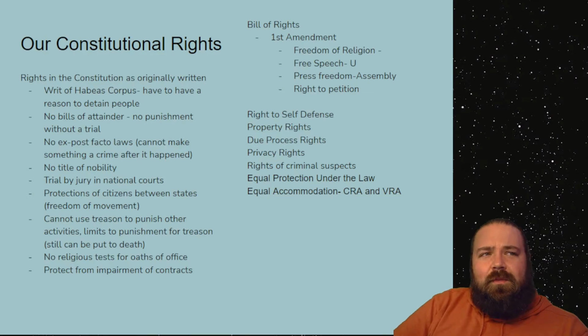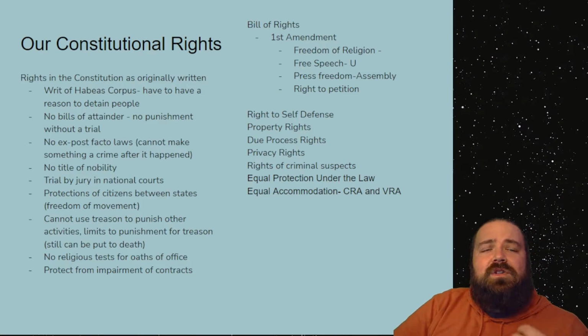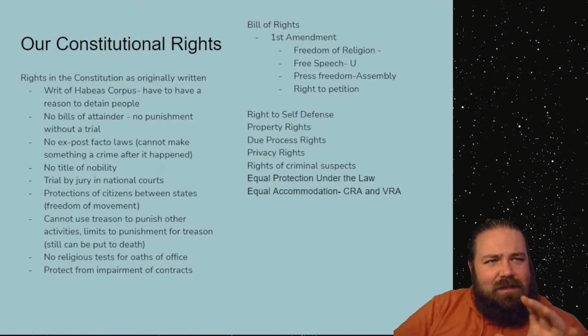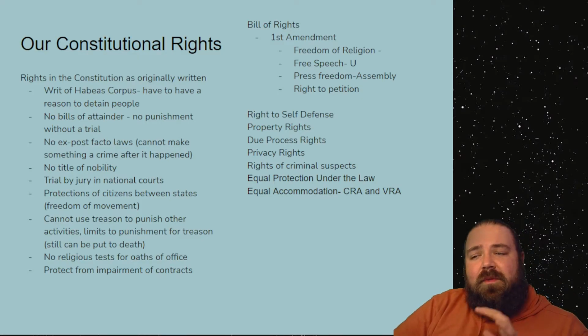So let's talk about the rights that are actually given to us from the Constitution. The Constitution, in large part, creates a good bit of rights for us. In fact, I like to think of this as the rights that exist in the original version of the Constitution versus the rights that came from the Bill of Rights.